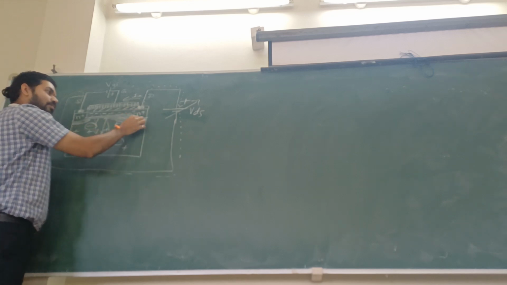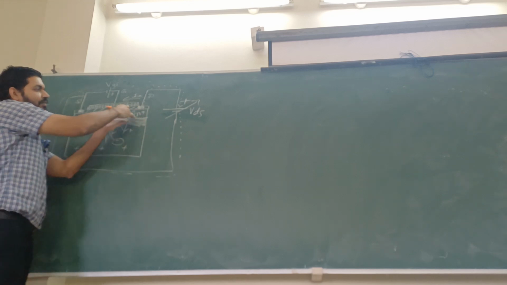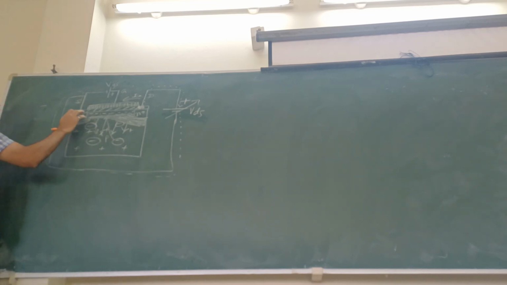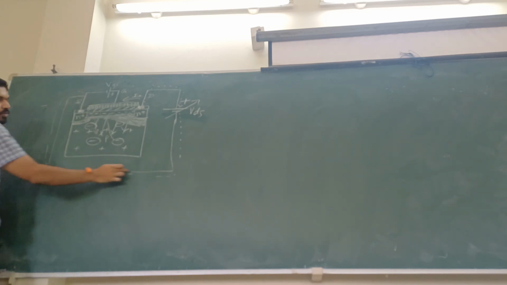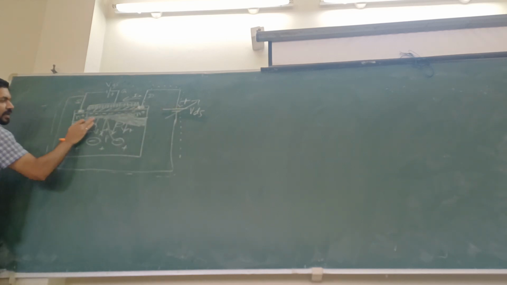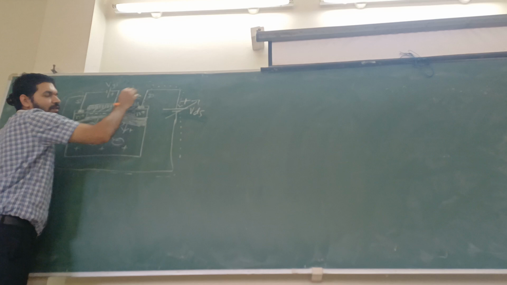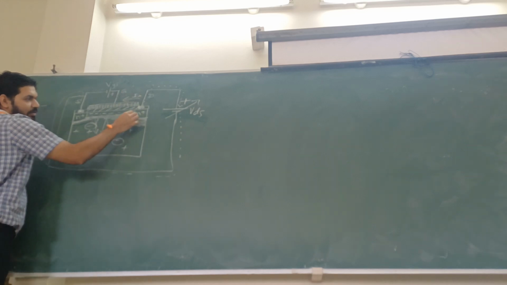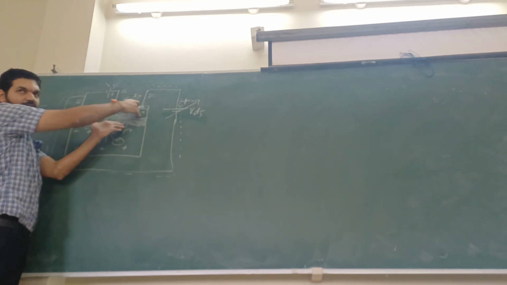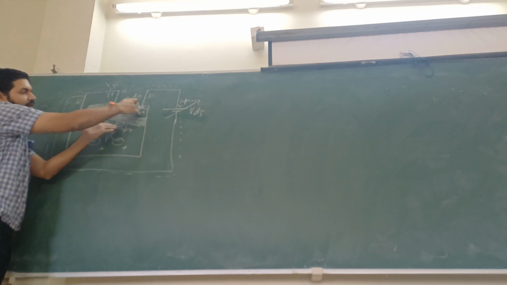Reverse bias means the depletion width is more, and here the N-type material is connected to negative, so here the depletion region width is less. As I increase this voltage, it is more reverse biased, so the width of the depletion region will be more.